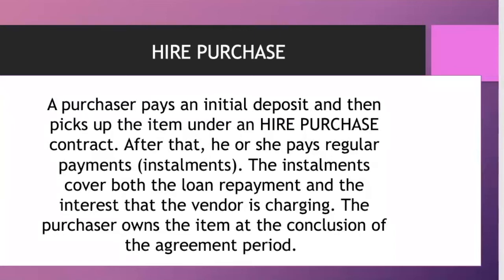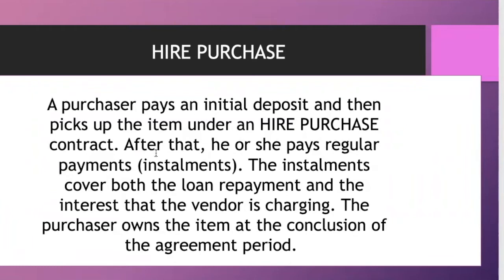So, as defined here, a purchaser pays an initial deposit, then picks up the item under a hire purchase contract. So, you'll have an initial deposit that you have to pay, something that is affordable, and of course you can pay more if you want, but it is affordable, and then you agree to pay the remaining as installments.